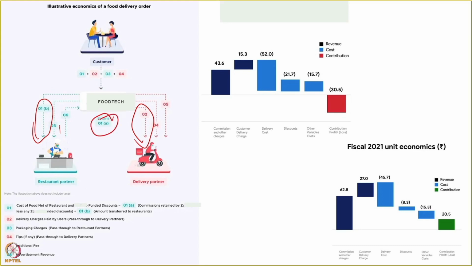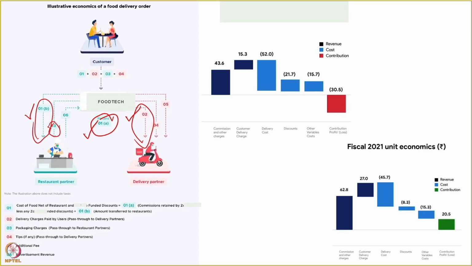Commissions are retained by the food delivery app minus any discounts that it will give. The second is actually a line of earnings, and that is shown over here in terms of retained commissions.